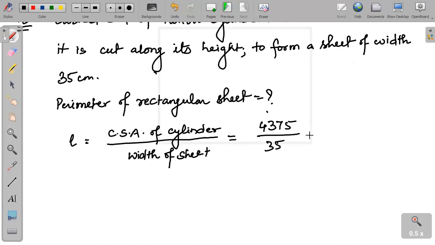Cancel by 5, that will become 875, 7, 5. Then cancel by 7, it is going to be 125. So it is going to be 125 centimeter.